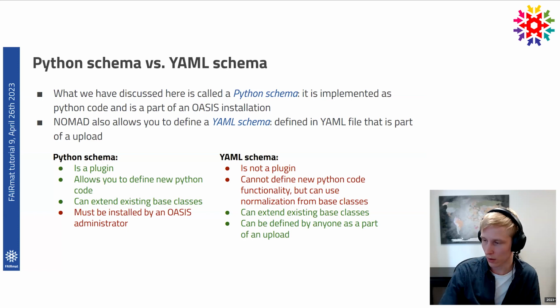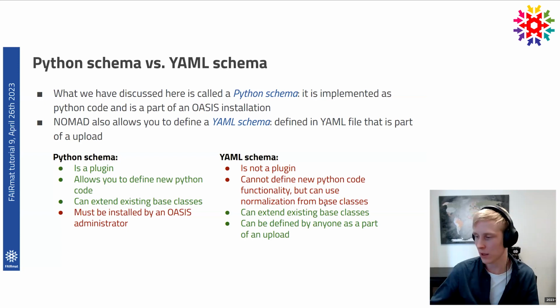Python schemas allow you to define new Python code and run these normalize functions, whereas with YAML schemas you cannot define new Python code to run, but you can attach to the normalization of the existing base classes. So if your YAML schema inherits from some base class, those normalization functions are still going to be run, but you cannot define anything new.